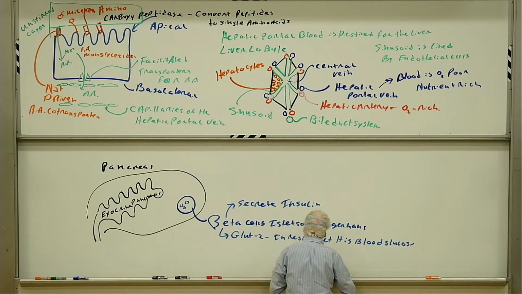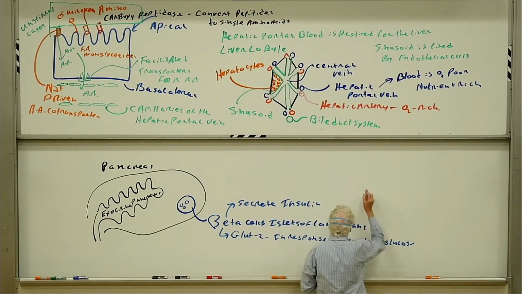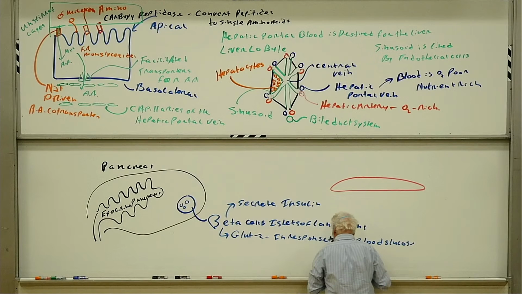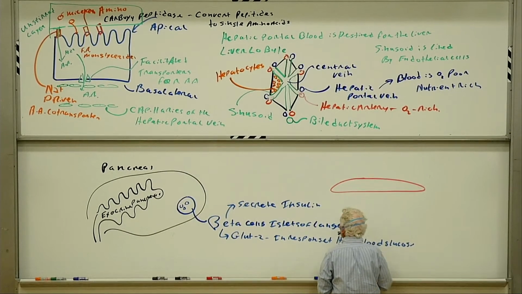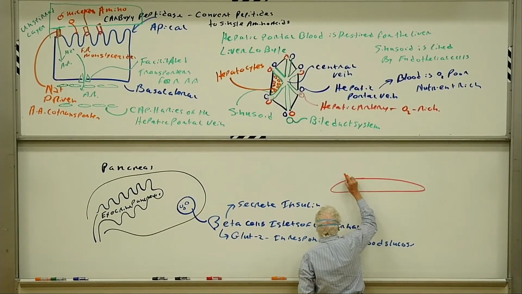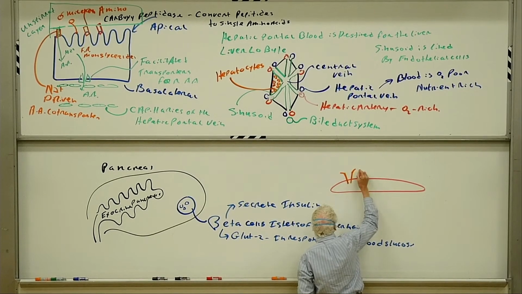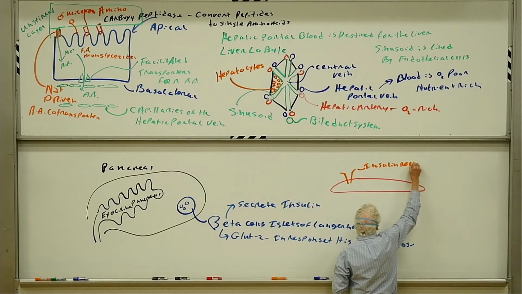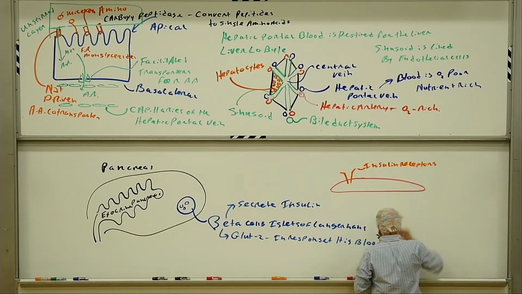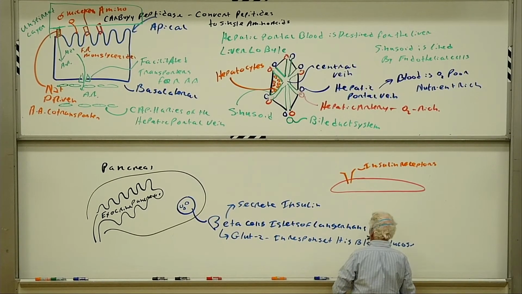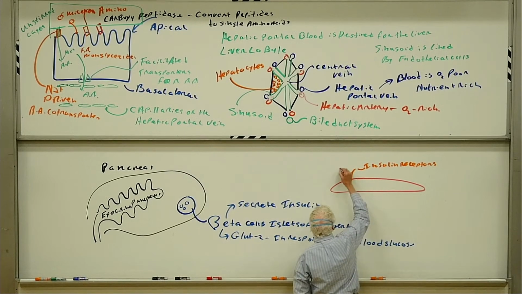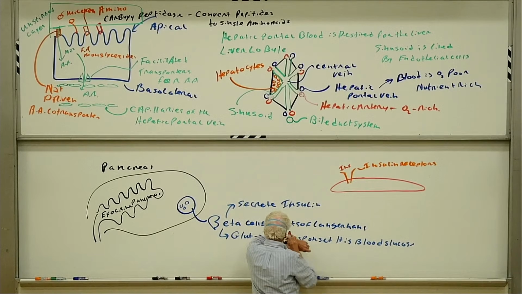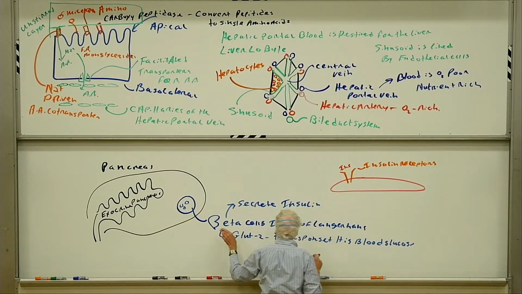And if we look at muscle cells, whether they're cardiac muscle cells or skeletal muscle cells, on the surface of these cells are these transmembrane proteins called insulin receptors. The insulin receptors will bind insulin. So the insulin has been released by the beta cells.